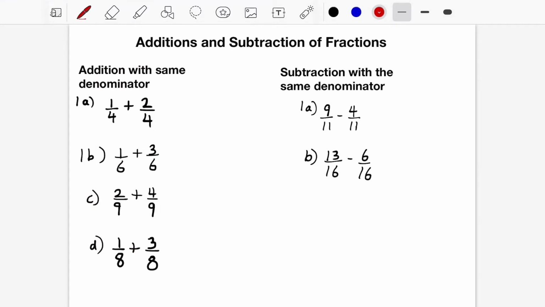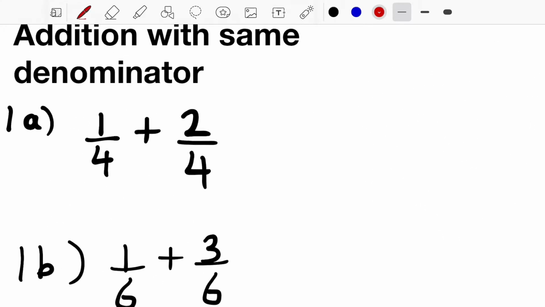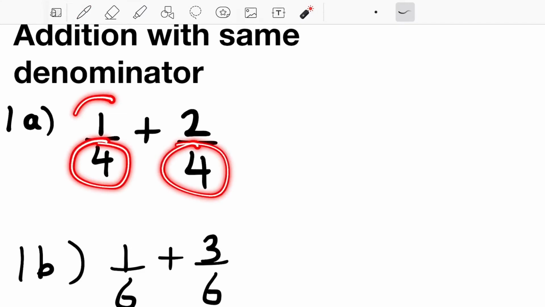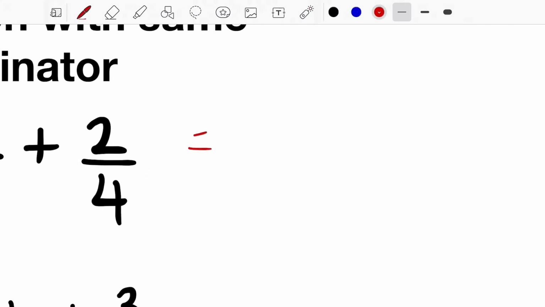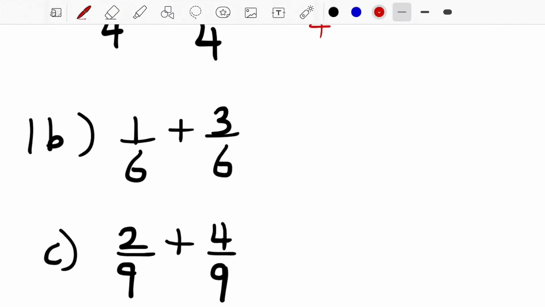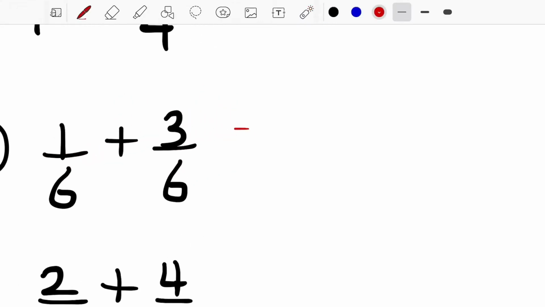Addition and subtraction of fractions which have the same denominator. So 1a, 1/4 plus 2/4. So if the denominator is the same, we simply add the numerators. So 1 plus 2 is equal to 3, so that's 3/4. B. 1 plus 3 is 4, so that's 4/6.